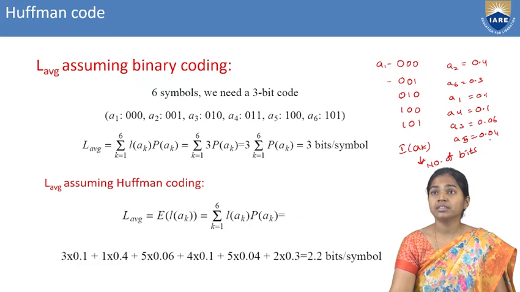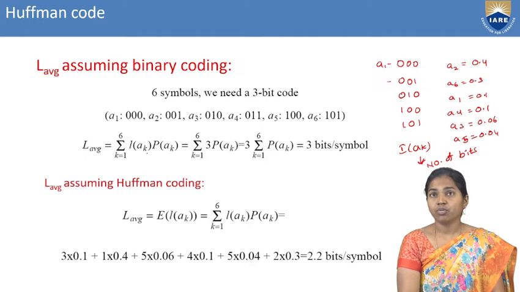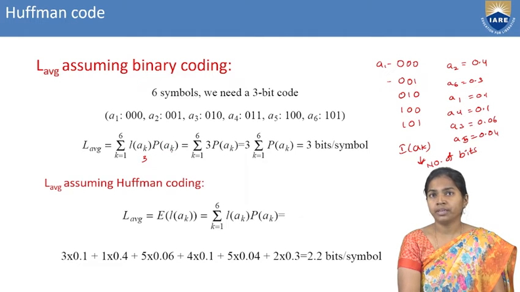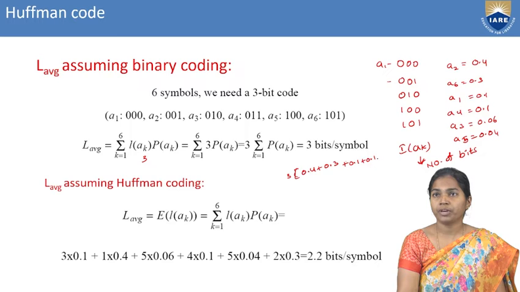So here A5 is 0.04. Here I of AK, here it is 3 only. So the probability P of AK, here it is 0.4. Here how to calculate this one? 3 into 0.4 plus 0.3 plus 0.1 plus 0.1 plus 0.06 plus 0.04.